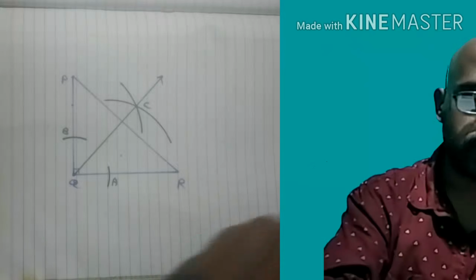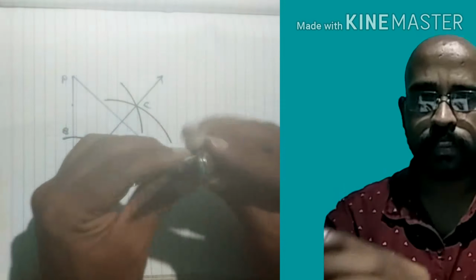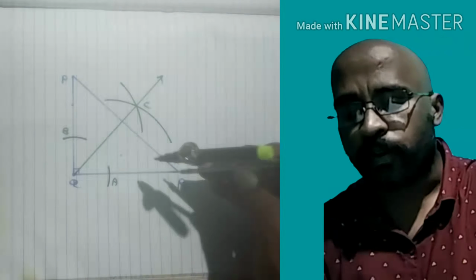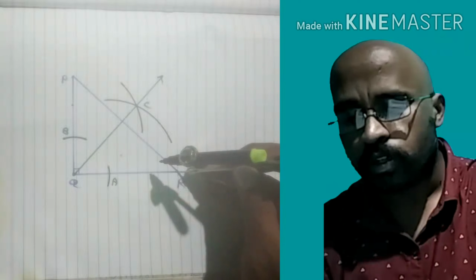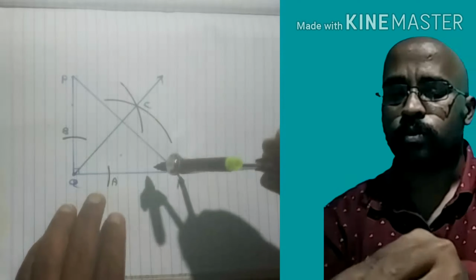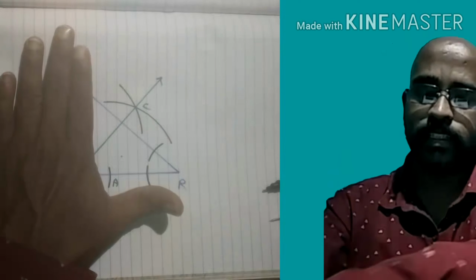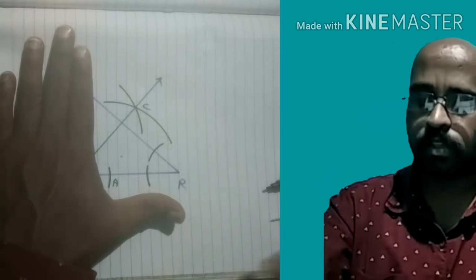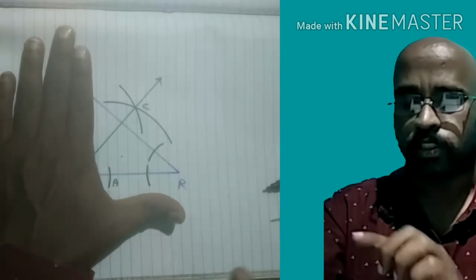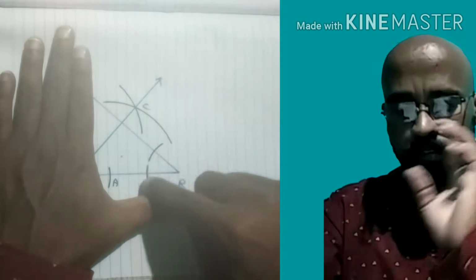Similarly, let's draw the angle bisector of angle R. First step, take any random distance from point R. Draw two arcs on the two arms of angle R. These two arms need to be intersected by this arc.